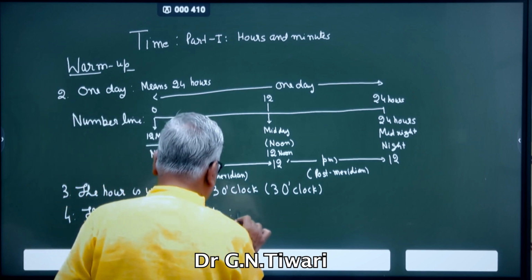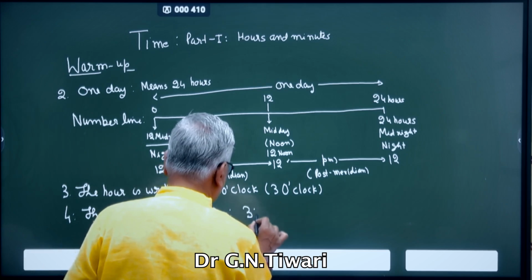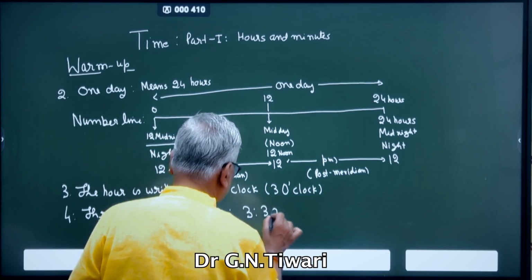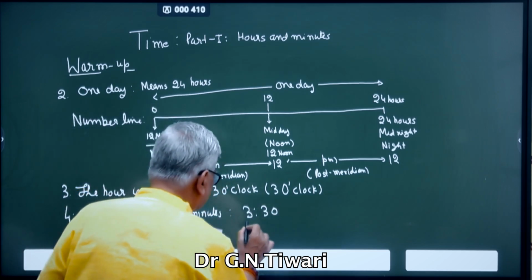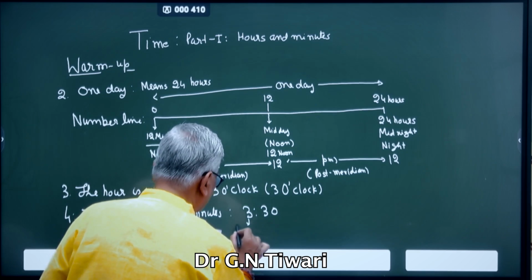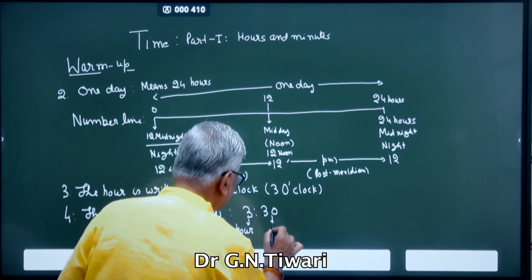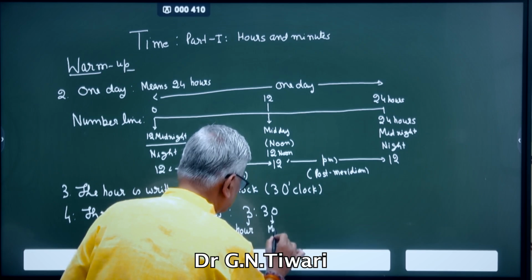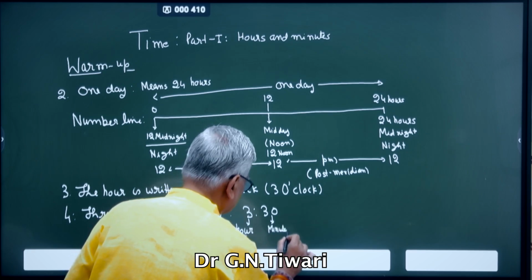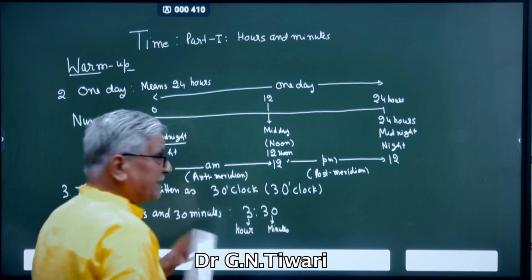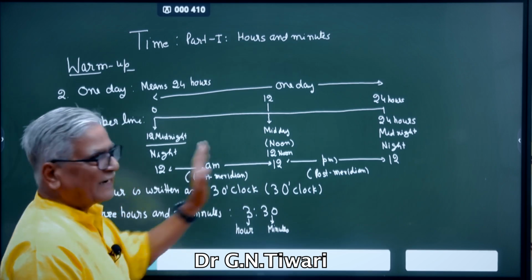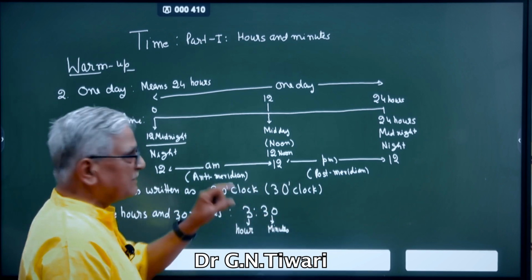Generally it is written as 3:30. Now this gives the hour and this reads minutes. Be careful. The left one is the hour, the right one is the minute, and in between there are 2 points.